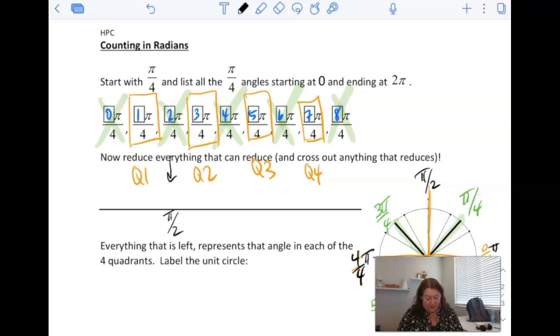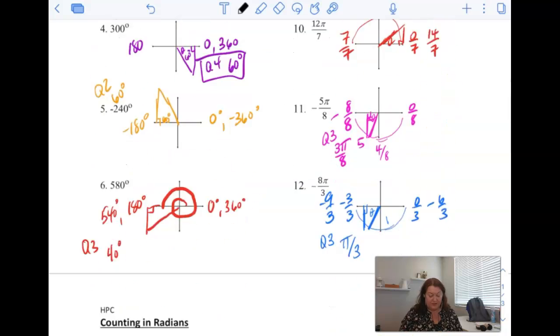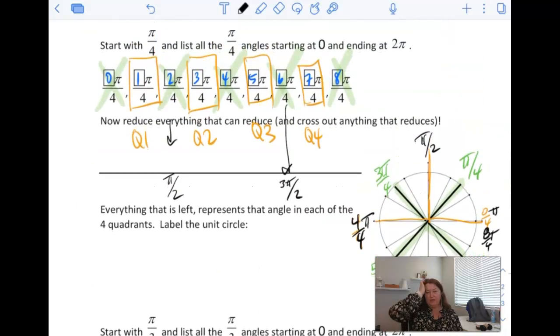And then 6 over 4 reduces to 3 pi over 2 is right here. And then lastly, we have 2 pi, 0, and 8 work over here. So one of the easy ways to look at it is if you can just write them all out in a list and cross out the ones that reduce, those should be the ones that are left so that you only have one in each quadrant.